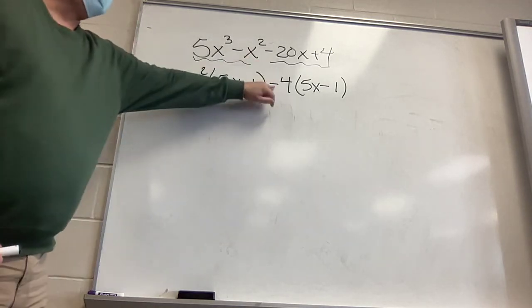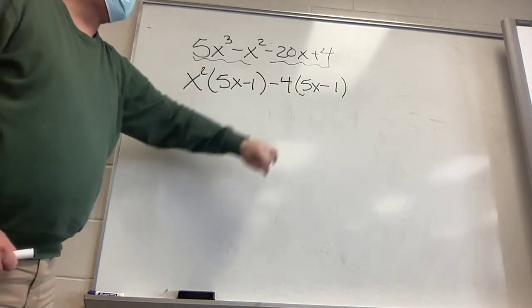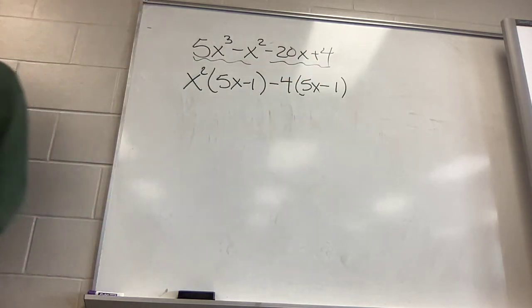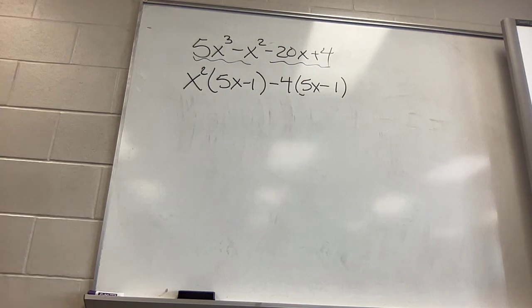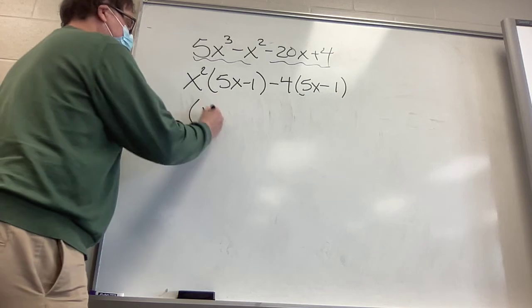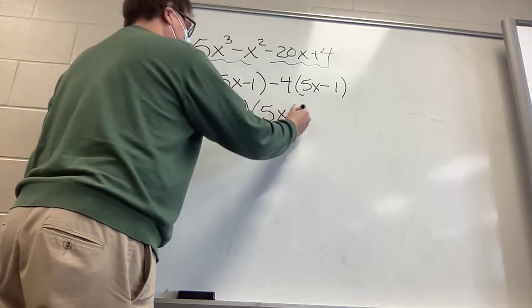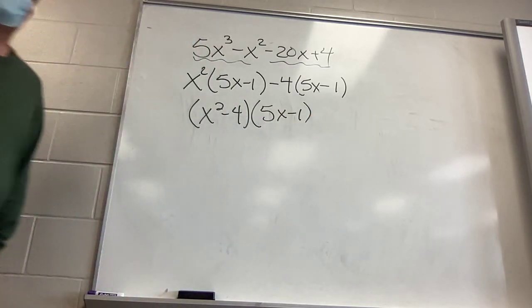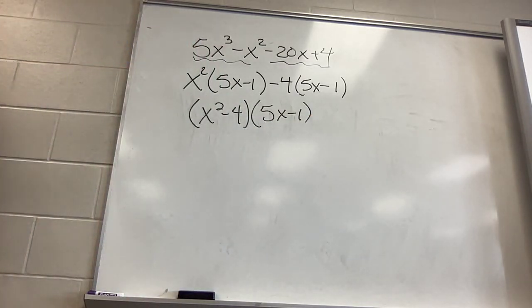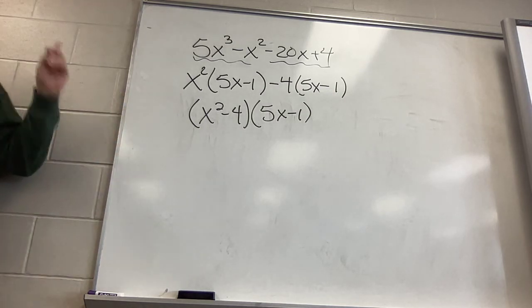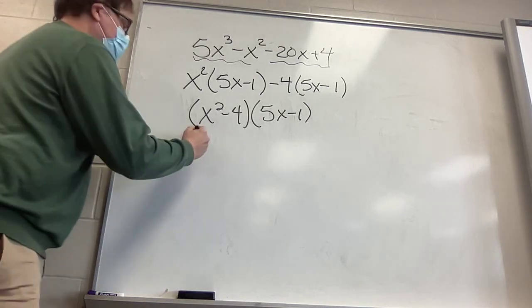So then you bring out -4, negative by negative is positive, positive divided by negative is negative. You are not done because it's got a square minus a square. A square minus a square is a special one.